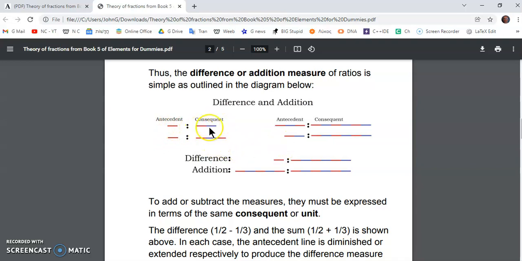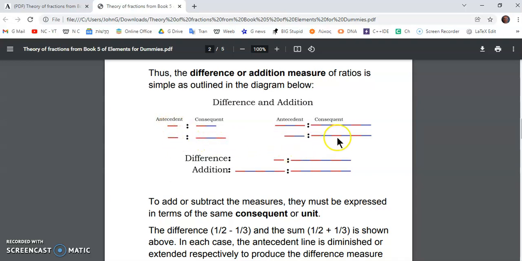If we want to add them or subtract them, we have to use proportion, or the theory of proportion in book 5, to give them the same consequent. And so if we just decide we're going to add 2 lines to this consequent, so we'll get this line here if we add it to itself twice, and the same we'll get this line if we add this antecedent to itself twice, and likewise also in the bottom.